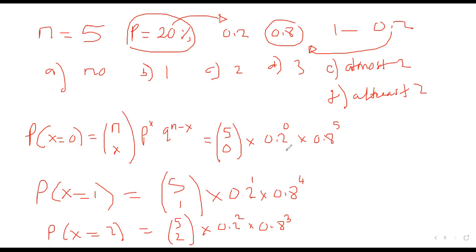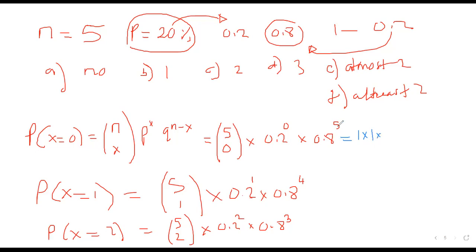So what is 5 combination 0? On the calculator, what is 5 combination 0? 1. A number combination 0 is 1. What is 0.2 to the power 0? It's also 1. A number to the power 0 is 1.